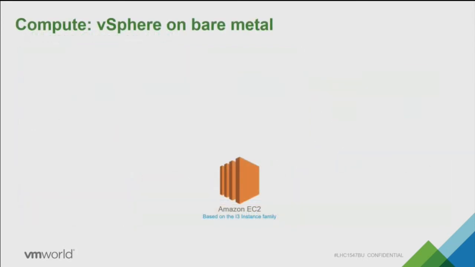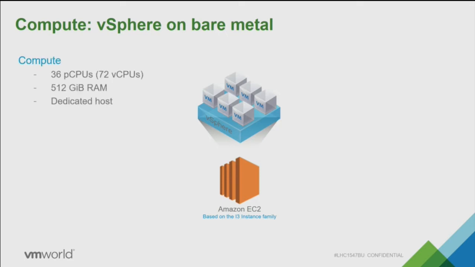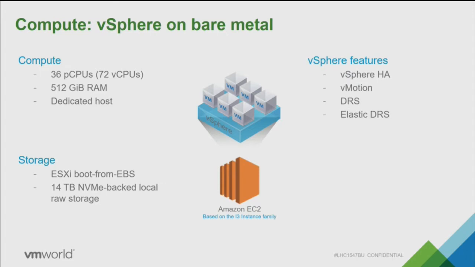As I mentioned again, this is an offering directly on top of bare metal, no noisy neighbors. You get a dedicated host. For compute, you get 36 pCPUs and 512 gigabytes of RAM. Storage is full flash: 14 terabytes of NVMe backed devices, which comes out to about 10 terabytes usable after caching, per host.